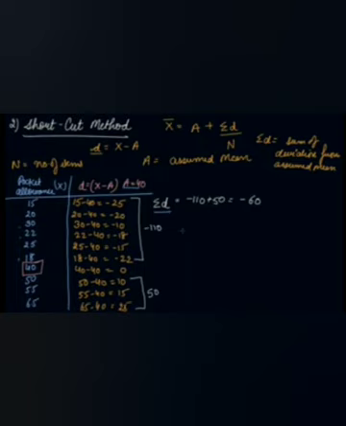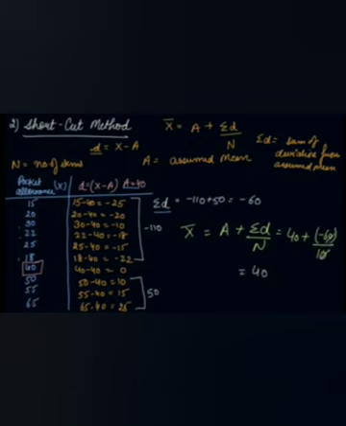So all the values we have got, and we can find the arithmetic mean. X bar is equal to A plus summation D divided by N, that is 40 plus minus 60 divided by 10. So this is 40 plus minus 6, so 34 rupees is your arithmetic mean.